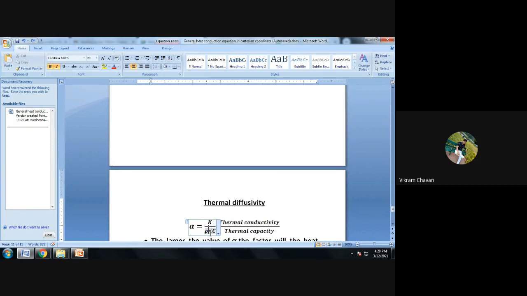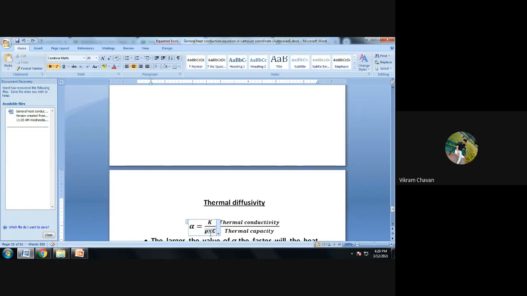If the K value is more, then heat will transfer more rapidly, and if the rho C value is more, then less heat will be transferred, or heat will transfer very slowly, and maximum heat will be utilized to increase the thermal energy of that material. So K and rho C are opposite parameters for each other.